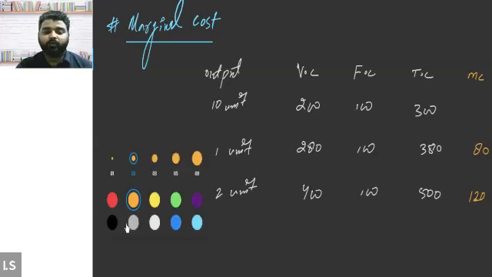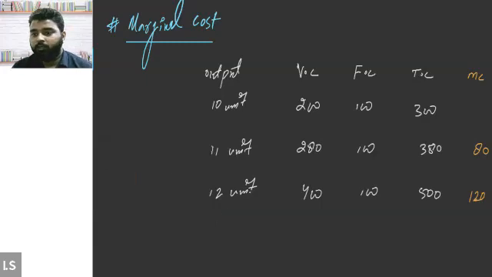Okay. Now one more thing. We can calculate marginal cost on the basis of the variable cost as well. Until now, we were calculating marginal cost on the basis of total cost. We were just considering the changes taking place in total cost, and by considering this change, we have calculated marginal cost, right?